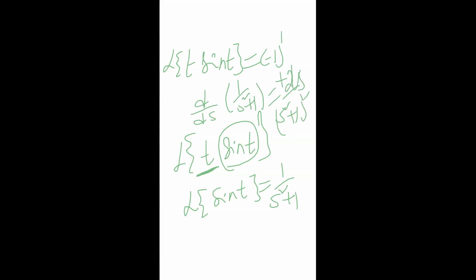So minus into minus, plus 2s by s square plus 1 whole square is the Laplace of t into sin t. So for example, for t square, minus 1 whole square d square by ds square. First applying one derivative, we get one answer. After that, applying another derivative.